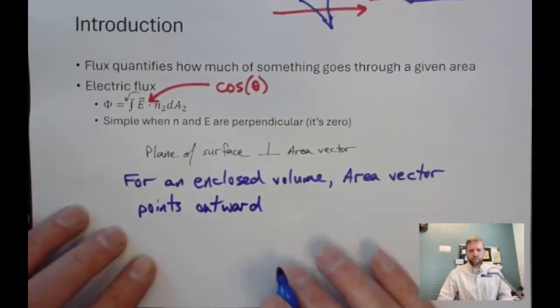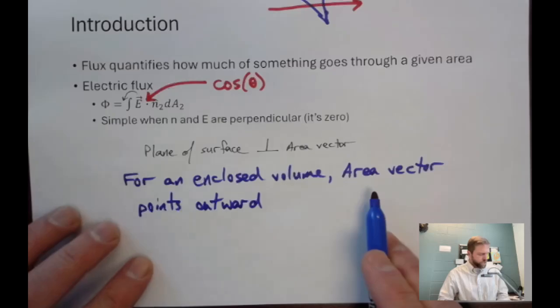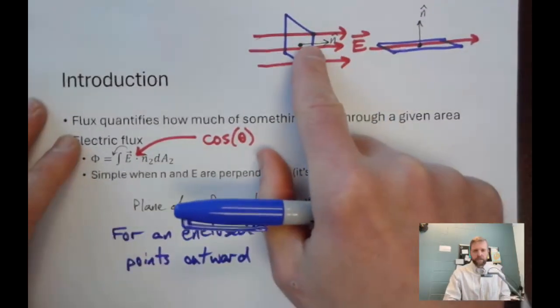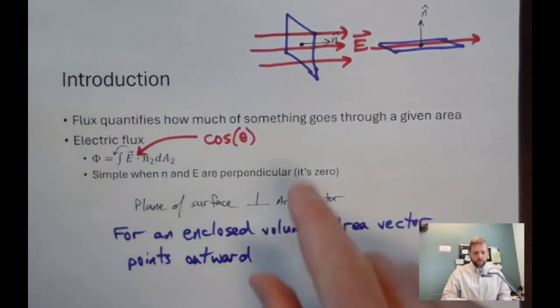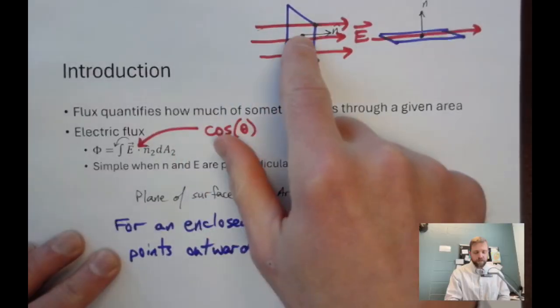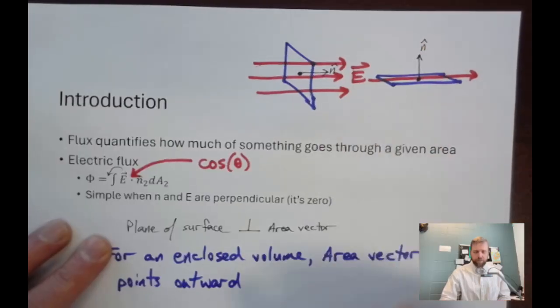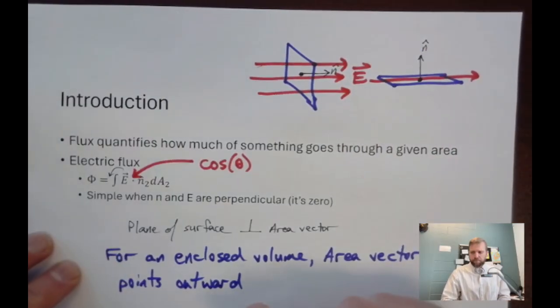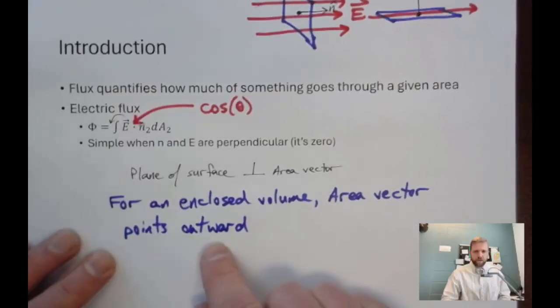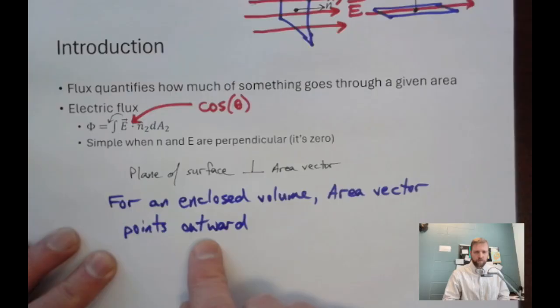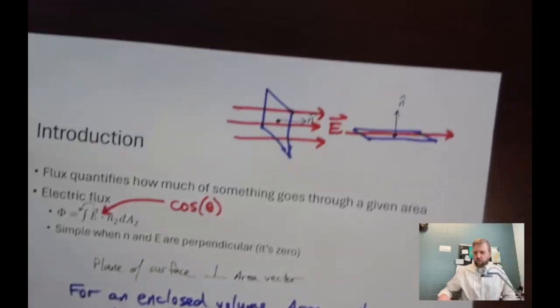This is an important convention. If it's not enclosed, like up here where I illustrated this, I could have, with equal validity, pointed this to the left instead of to the right, or this one down instead of up. But if we're dealing with an enclosed volume, the convention is that the area vector points outward across the whole surface.